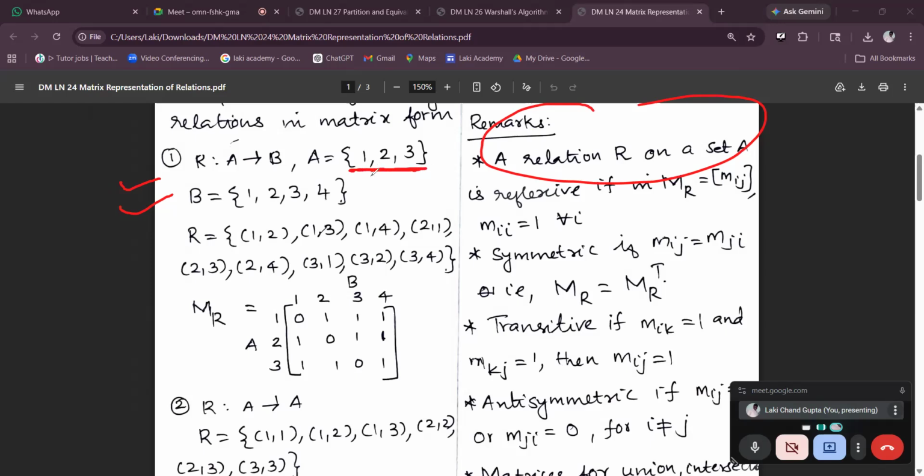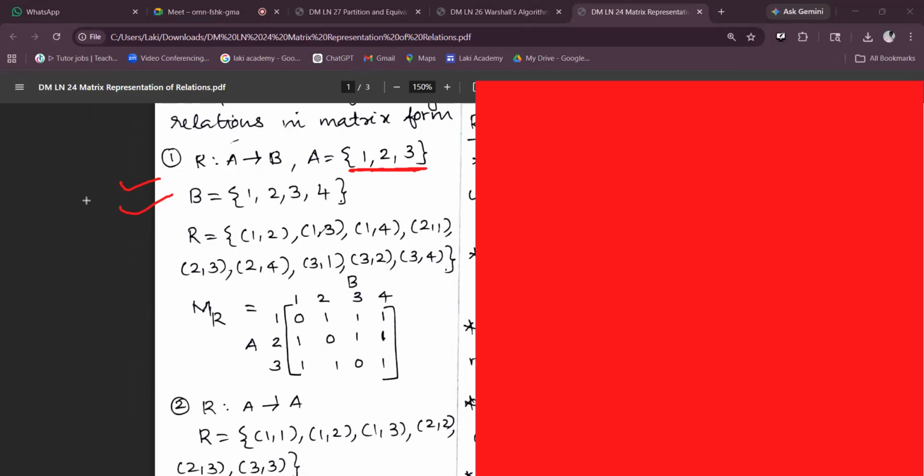How many elements are in A? Three. A is on the row 1, 2, 3, right? And B is on column 1, 2, 3, 4. Yes. This is A and this is B.